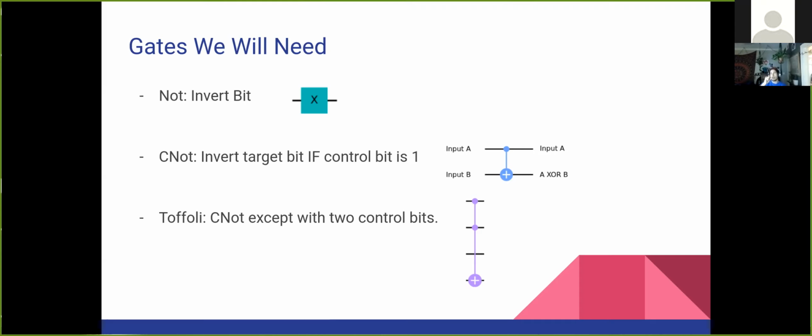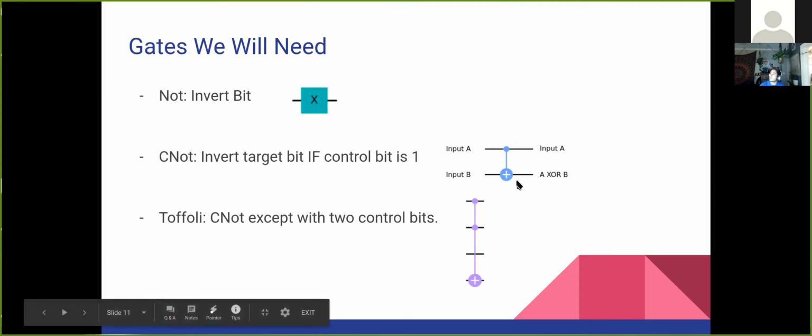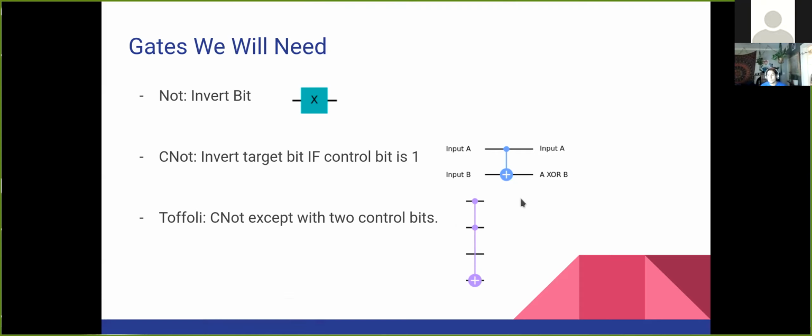We look at the control and ask, is this a 0? If it's a 0, then we won't do anything to the target bit. If it's a 1, we're going to do a NOT to the target bit. So it's a conditional NOT. It's very simple, and it is equivalent to an exclusive OR, where an exclusive OR is kind of like, give me 1, not both.